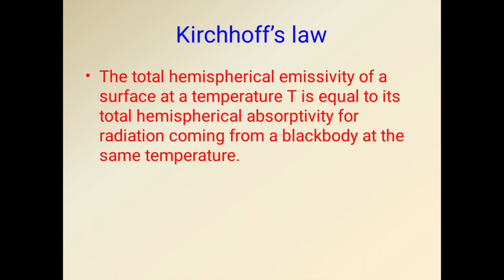Kirchhoff's law. The total hemispherical emissivity of a surface at temperature T is equal to its total hemispherical absorptivity for radiation coming from a black body at the same temperature.